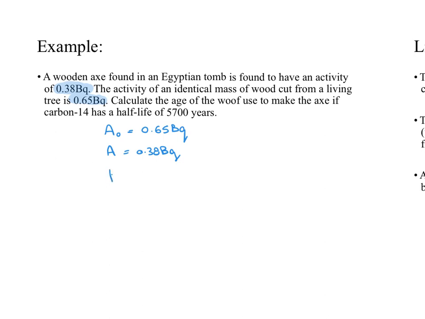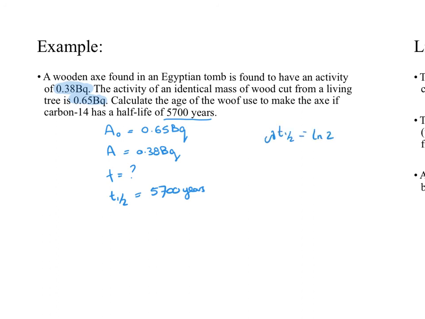So we need to find how long it took for the activity to drop, if carbon 14 has a half-life of 5,700 years. So we know the half-life of it. Just to remind you again that lambda times half-life is equal to ln2.